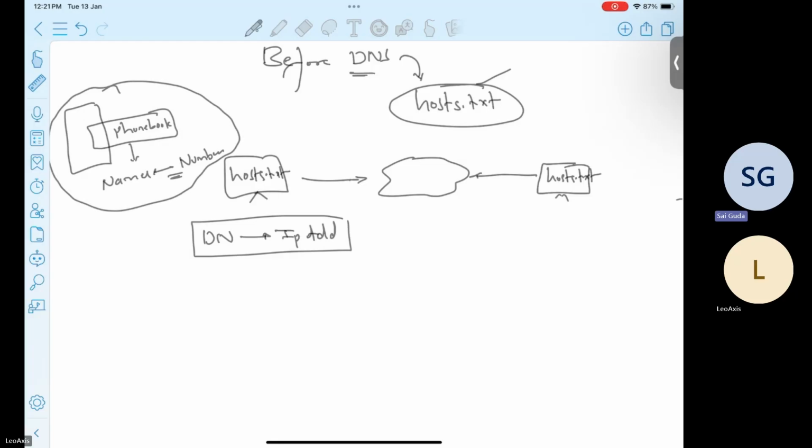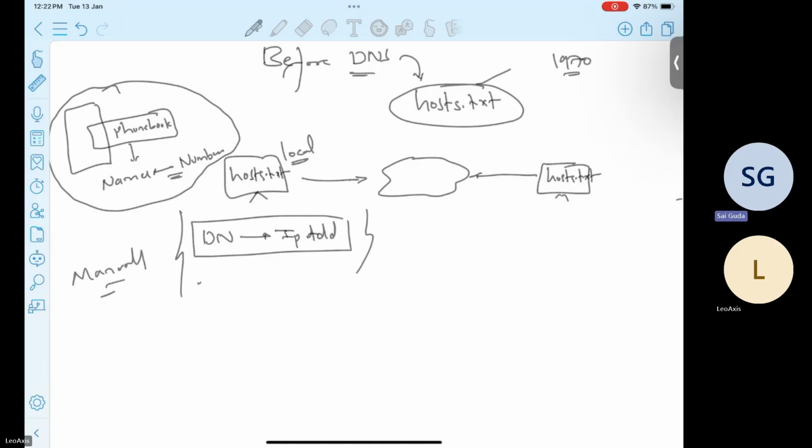In the same way, during the 1970s and 1980s, every computer maintained its own local file, known as host.txt. This file contains all the domain names with their respective IP addresses. And we used to maintain this file manually. It means from time to time we needed to update this file manually, right?